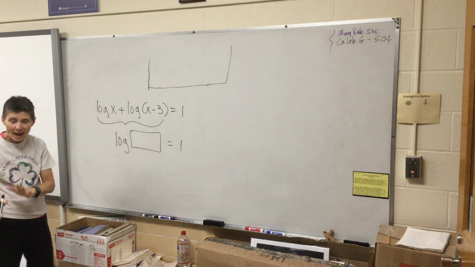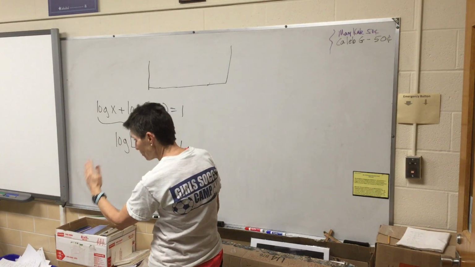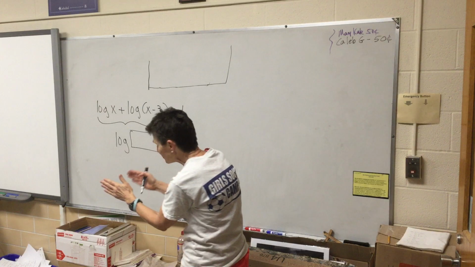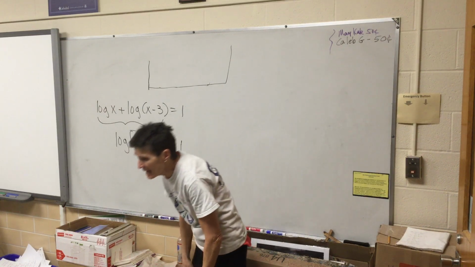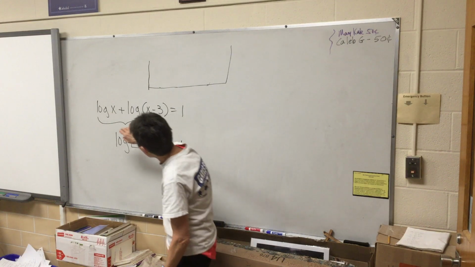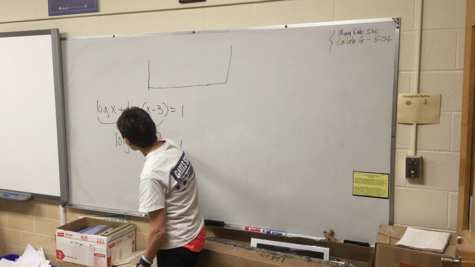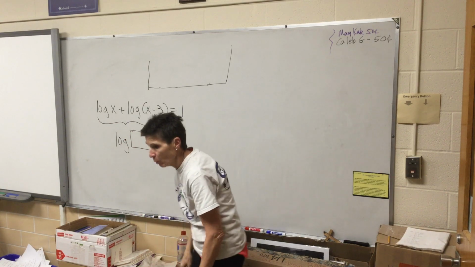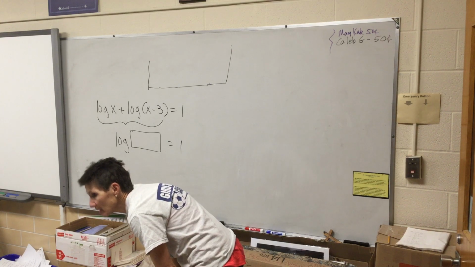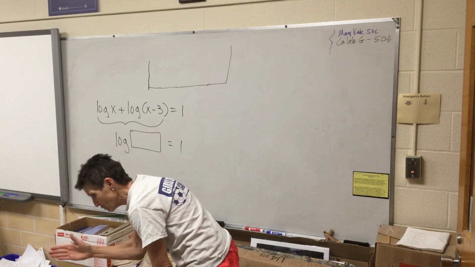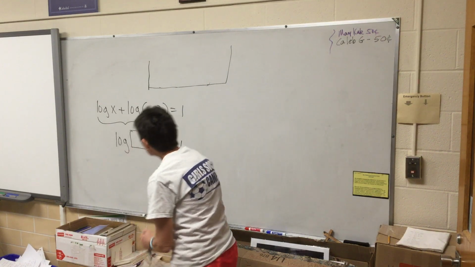That's what you have to do. You cannot do the problem with two separate logarithms. They have to be condensed. This is one of your properties. Does anybody remember how you take an addition of two logs and turn it into one log? Anybody remember how that works? I heard a whole bunch of people, and I love you all, good job. I heard a whole bunch of people say you multiply them.